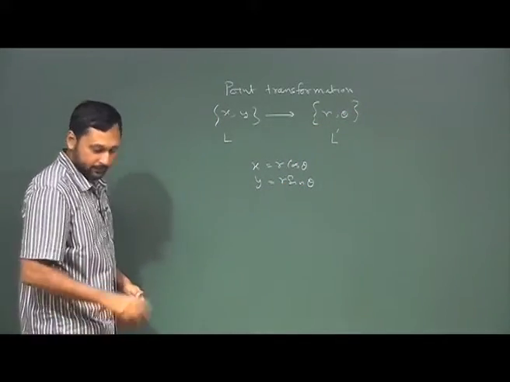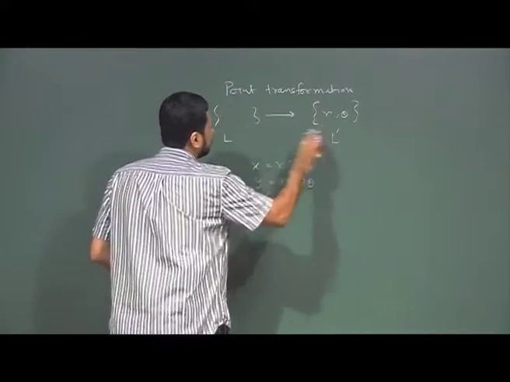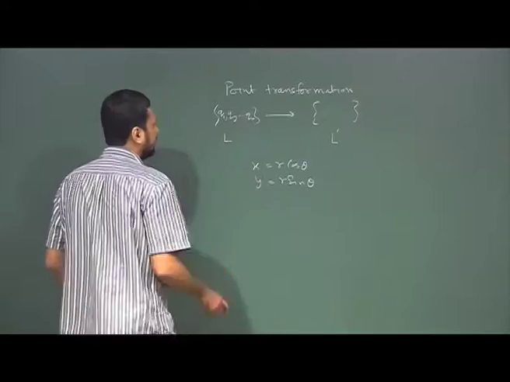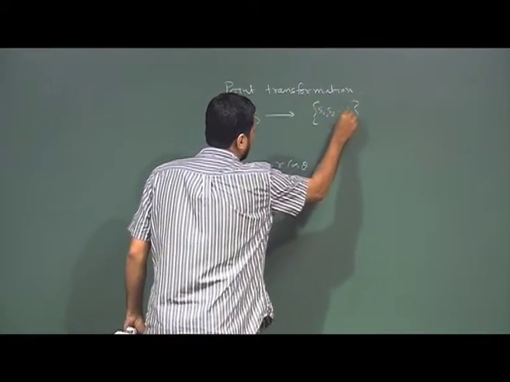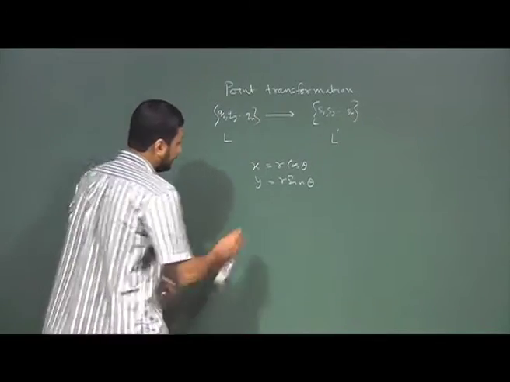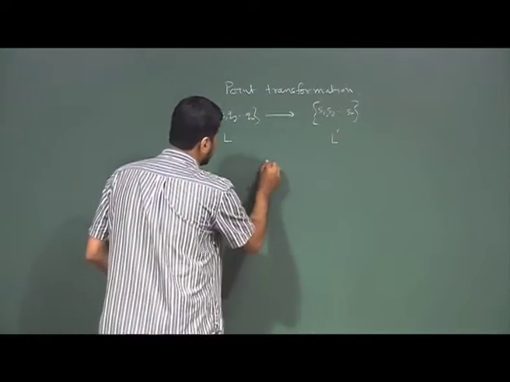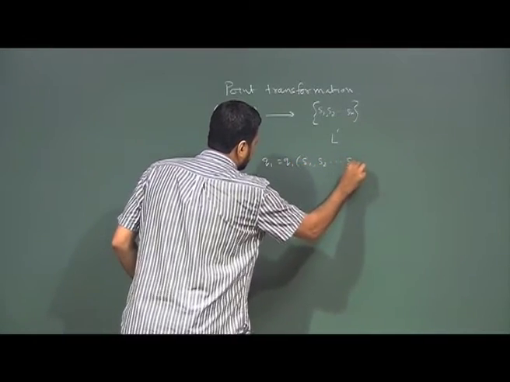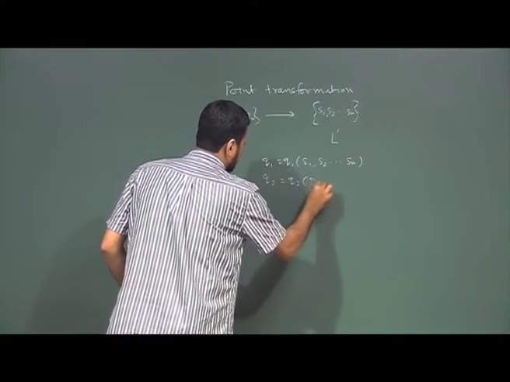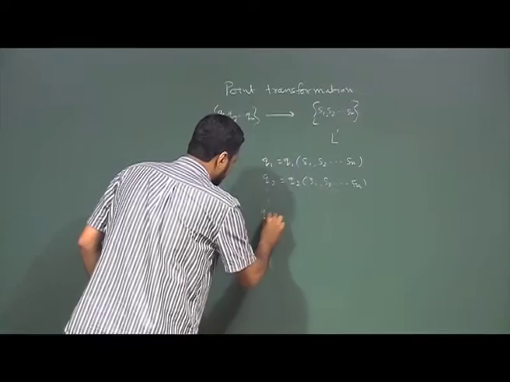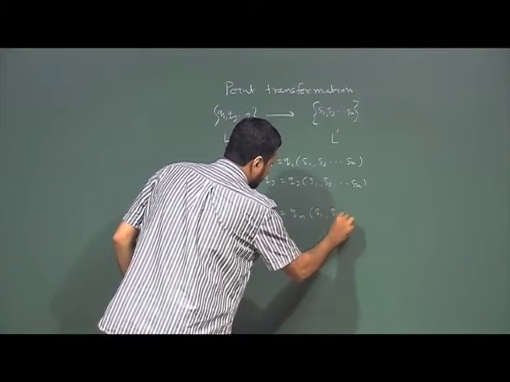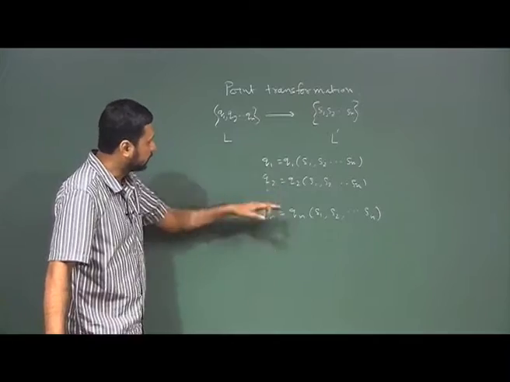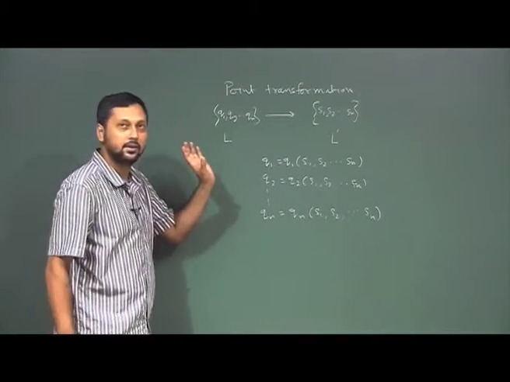Now, in general, if I write one set of coordinates as q1, q2, up to qn and the other as s1, s2, up to sn, and there is a set of transformation equations which correlate these two, so q1 will be a function of s1, s2, up to sn, q2 will be a function of s1, s2, up to sn, similarly qn will be a function of s1, s2, up to sn. The only criterion is that the two sets of generalized coordinates have to be equal in number.